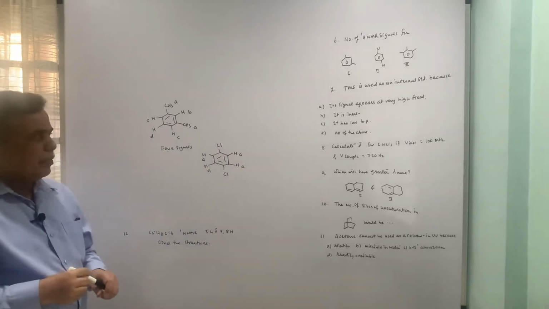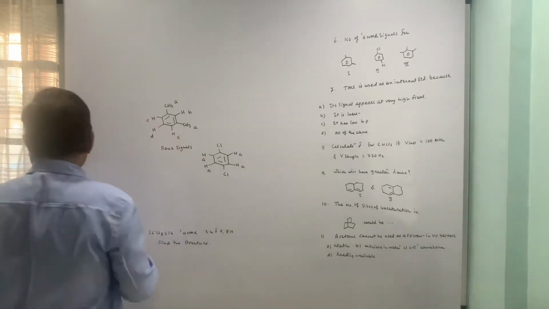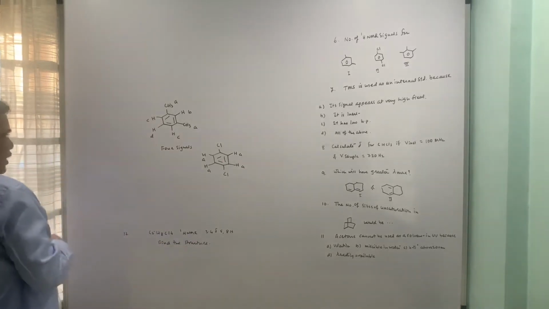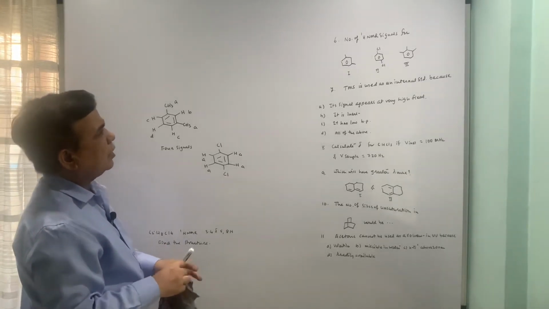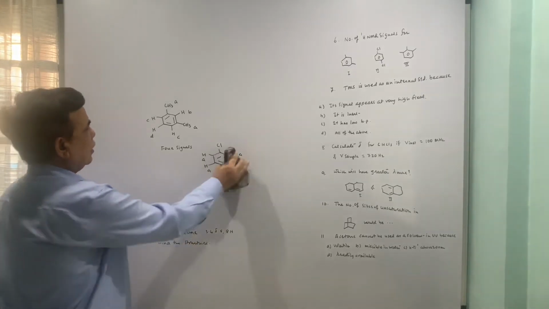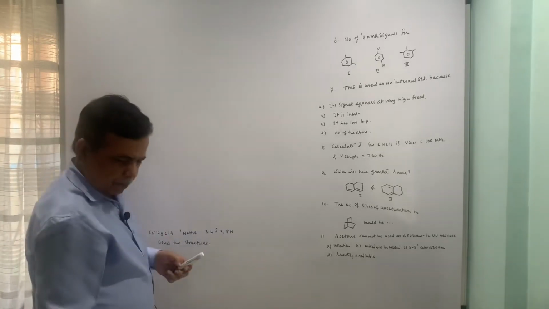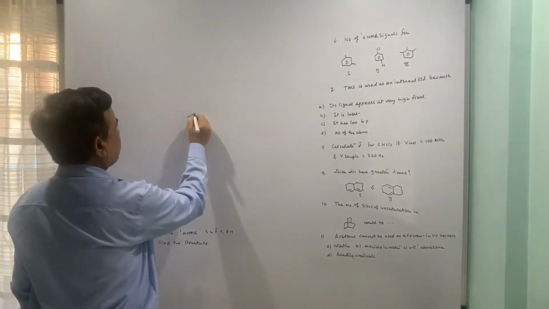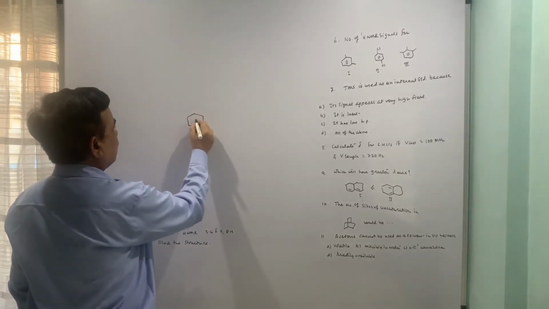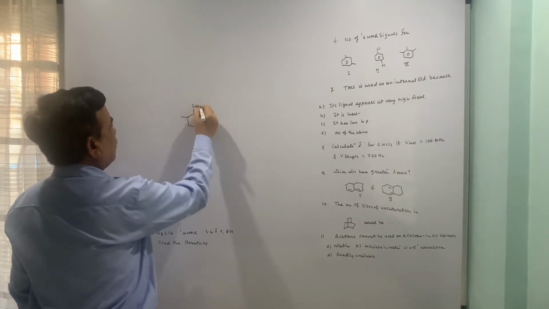All hydrogens are chemically equivalent, so they will give only one signal in its proton NMR. Then the third one is 1,2,3-trimethyl.